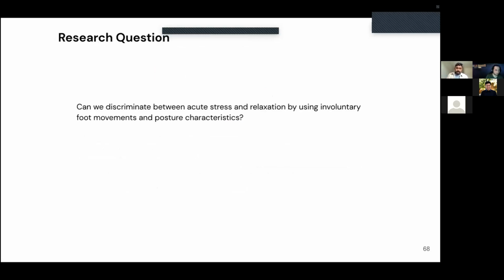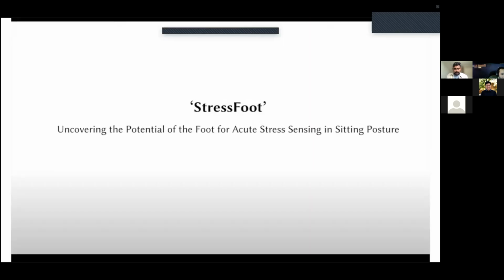So in this particular research, we wanted to develop a system where we use foot pressure and motion characteristics to detect acute stress and relaxation by using the involuntary foot movements and posture characteristics. Let's look at this video to see how we developed this interface.